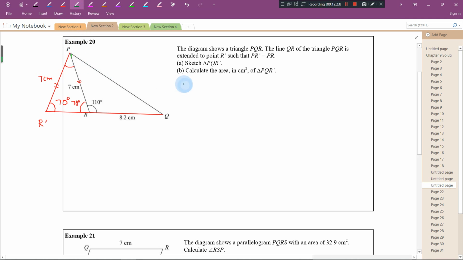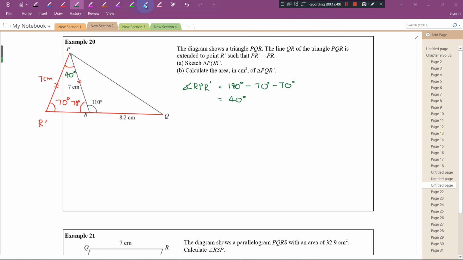So if we want to get this angle RPR prime, then it will be 180 minus 70 degrees minus 70 degrees, which is equal to 40 degrees. Okay, let me label it first, 40 degrees.